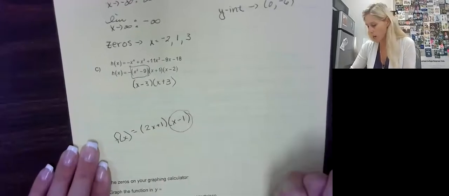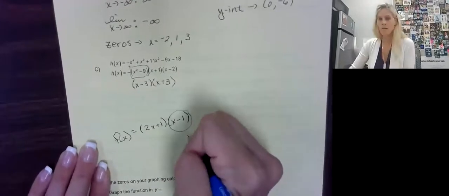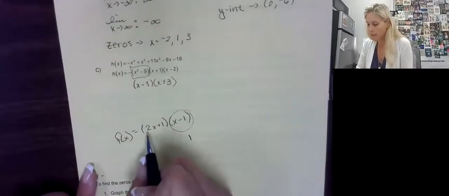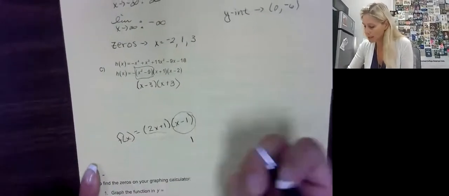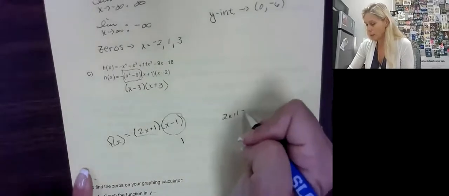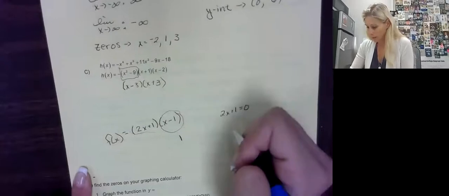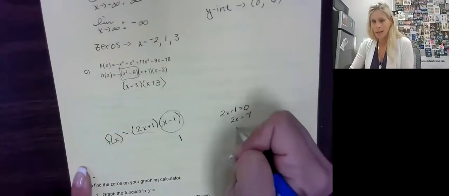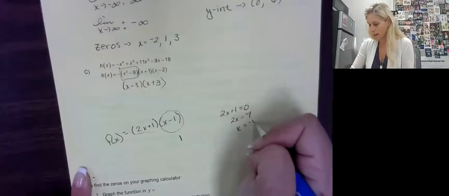The zero here is 1, right? What makes that 0? But if you have something like this, make sure on the side that you are setting that equal to 0 and solving. So 2x equals -1, x equals -1/2.